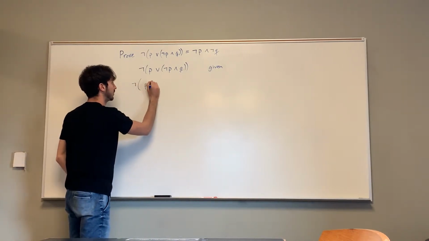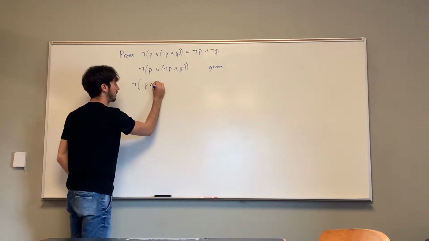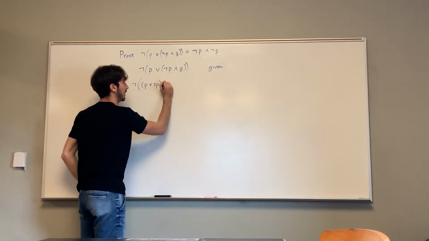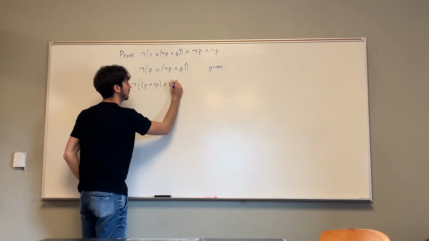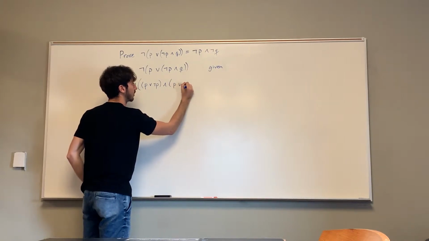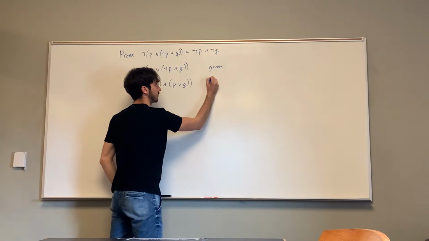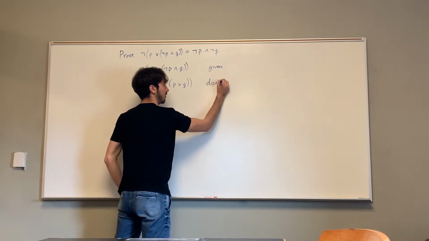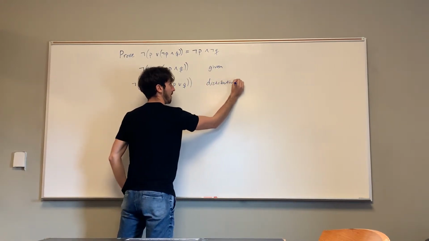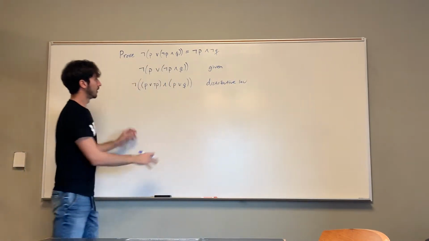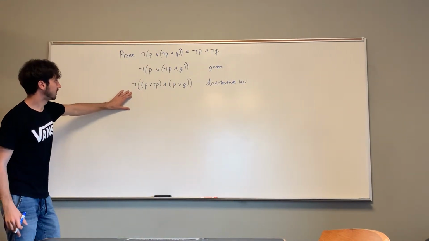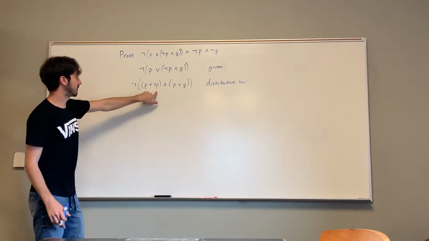We get P or not P and P or Q. And the justification for this is just the distributive law.